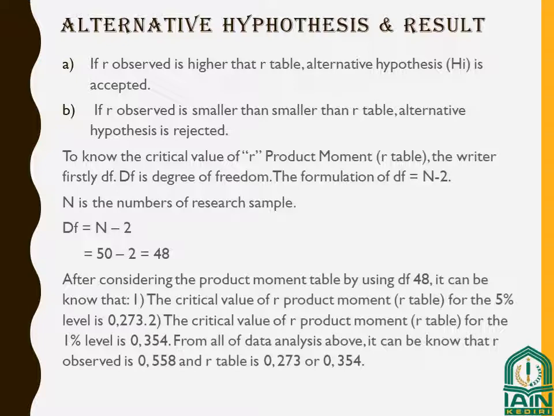From all of the analysis above, it can be known that our r observed is 0.558 and our r table is 0.273 or 0.354. As I said before, when we read numbers like this, we need to see the index so we can read the result of the data.